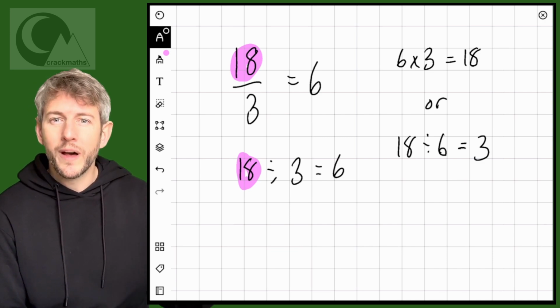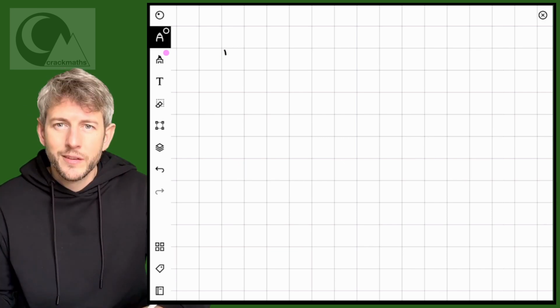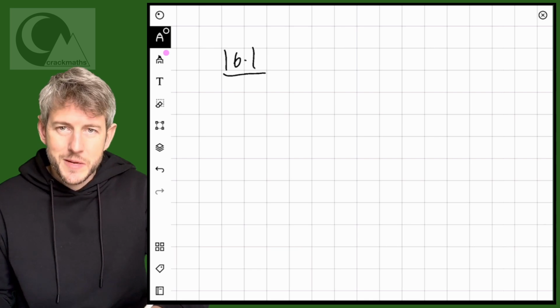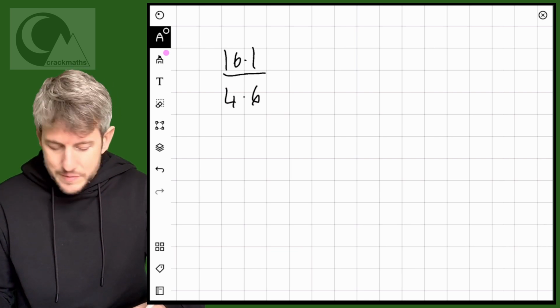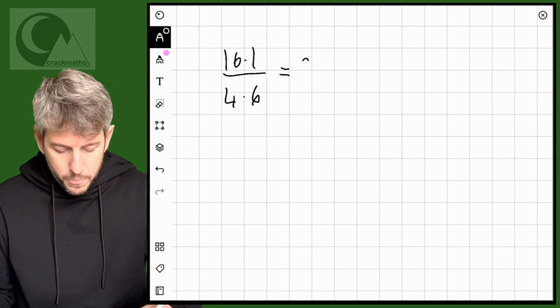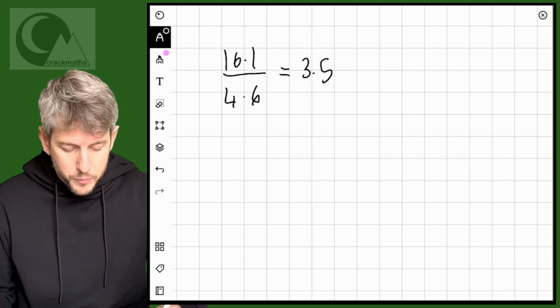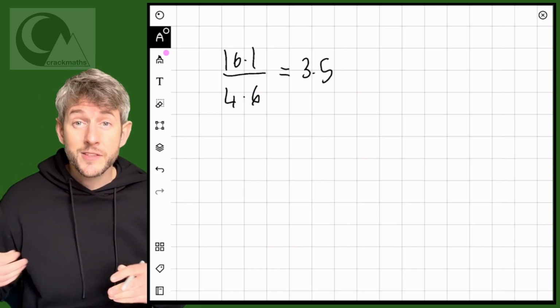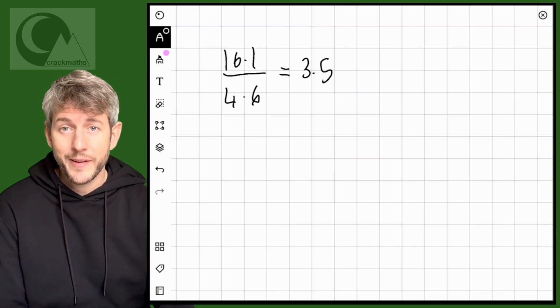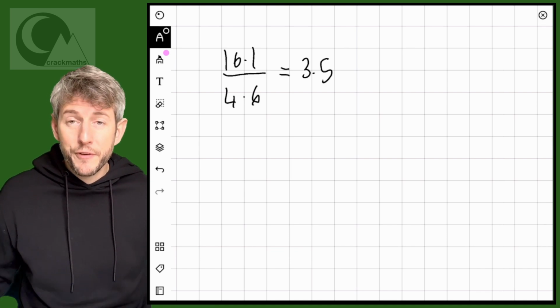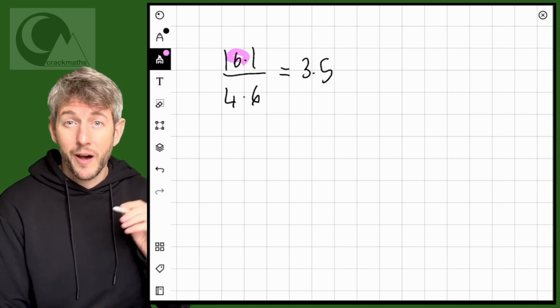Let's try one more and then we'll go on to the questions from Crack Maths. So let's say this time I've got 16.1 divided by 4.6 equals 3.5. Okay, so how can I do a reverse calculation to check this? So remember, the first thing is we need to identify our product.